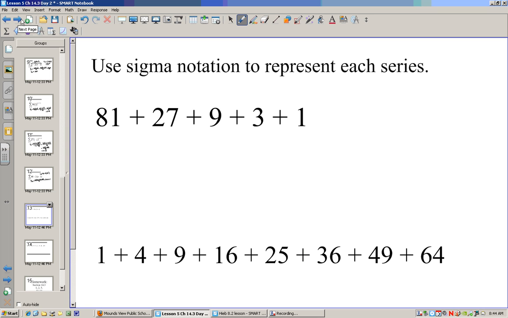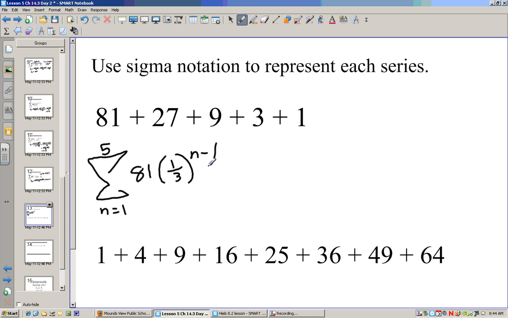All right, now we want to use sigma notation to represent these series. This first one, we go from n equals 1 to n equals 5, because there's 5 terms. This is geometric. It starts at 81, and we're multiplying by 1/3 each time.